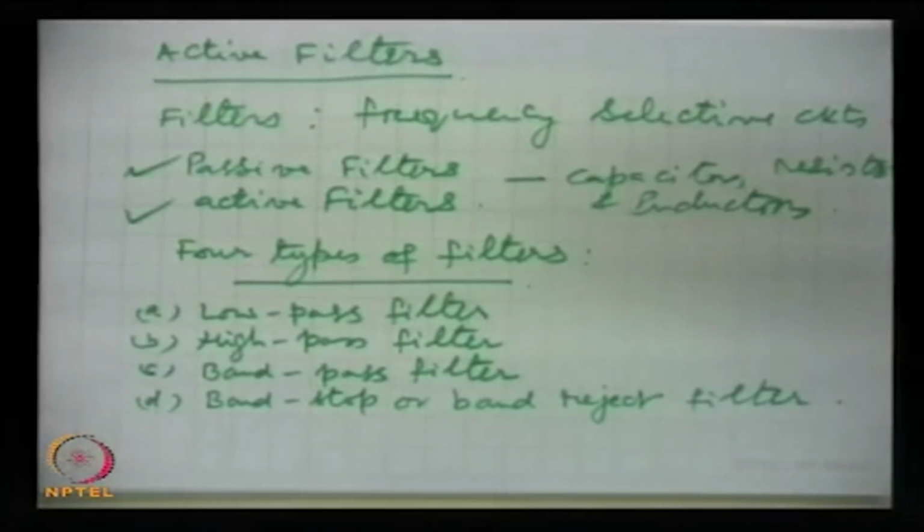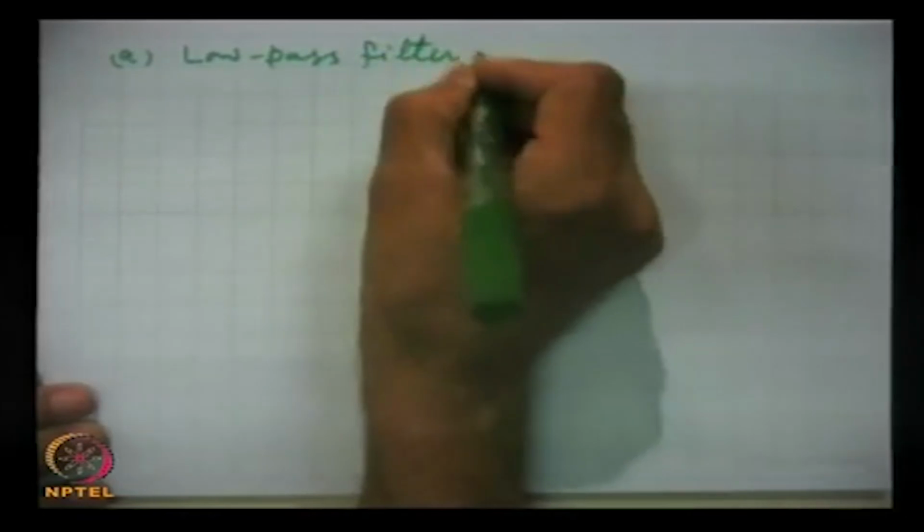These are the four different kinds of filters depending on the selection of frequencies for the working of the circuit, that which frequencies we want to choose. And in signal processing, this filtering of frequencies is a very important process. And so, we now first talk about these filters. First we take the low pass filter.